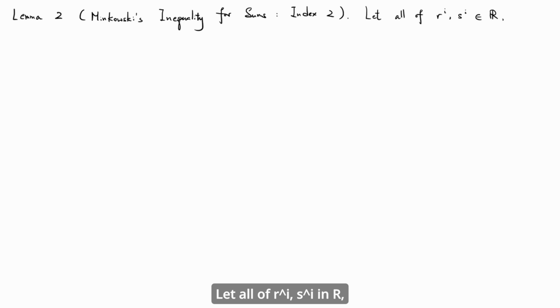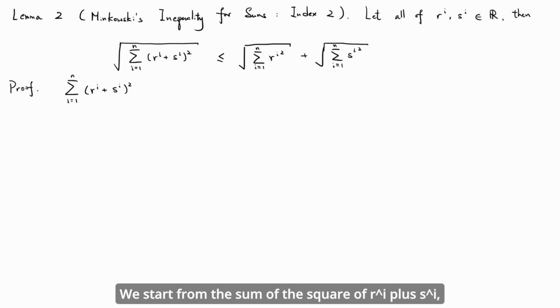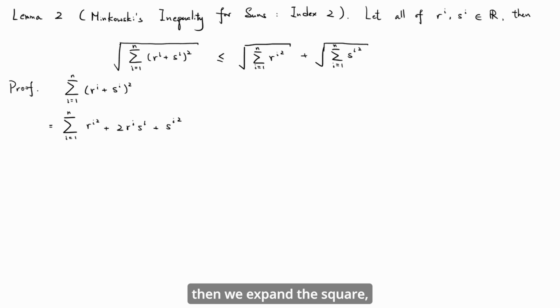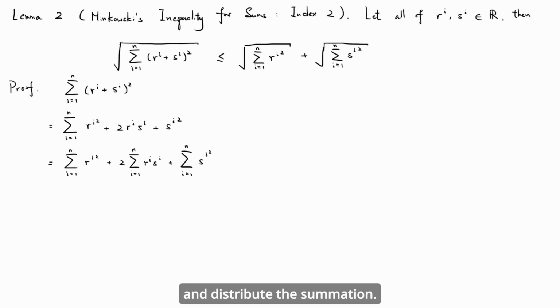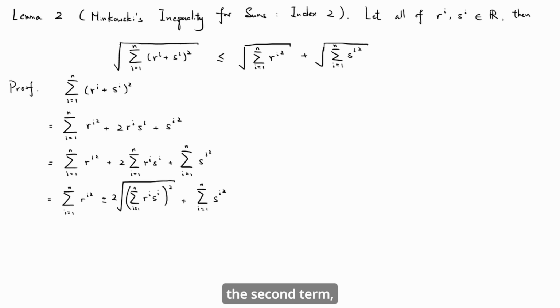Let all of rᵢ, sᵢ be in R, then the square root of the sum of (rᵢ + sᵢ) squared is smaller than or equal to the square root of the sum of rᵢ squared plus the square root of the sum of sᵢ squared. Proof. We start from the sum of (rᵢ + sᵢ) squared. Then we expand the square and distribute the summation. Here we artificially add a square and a square root for the second term.